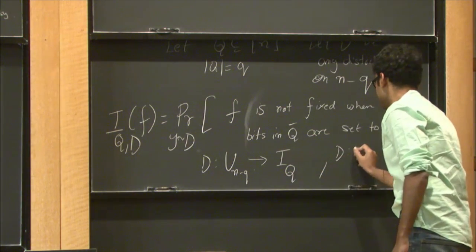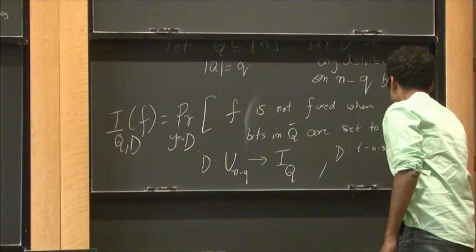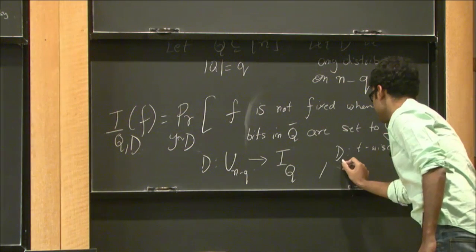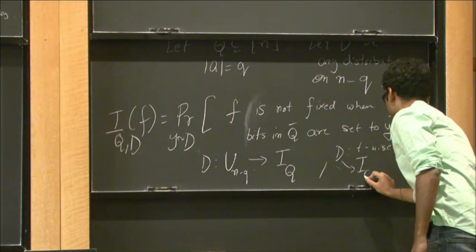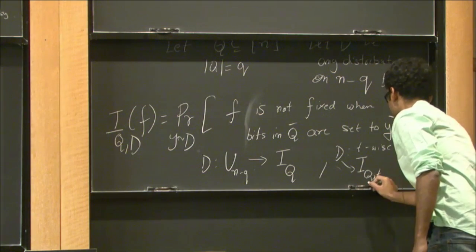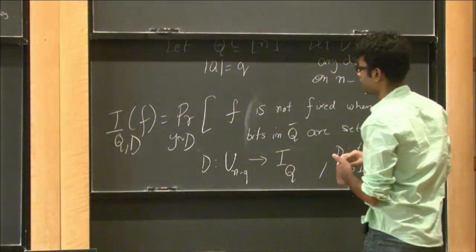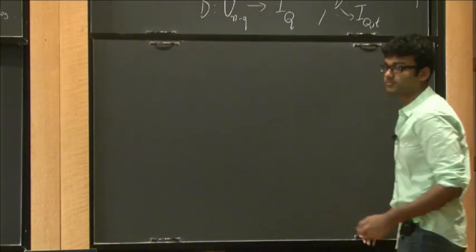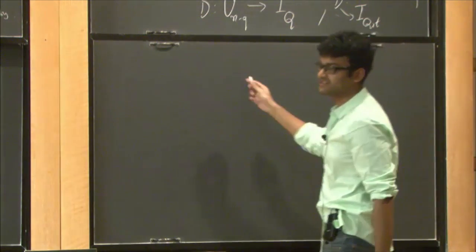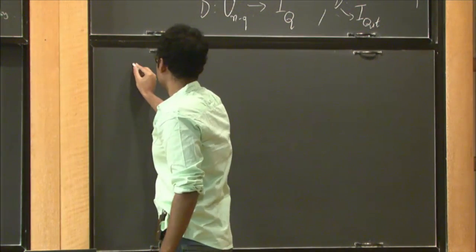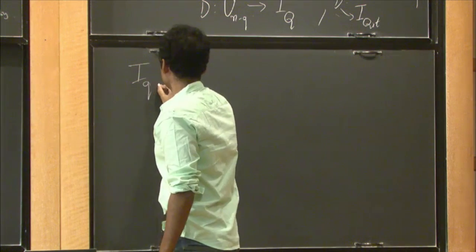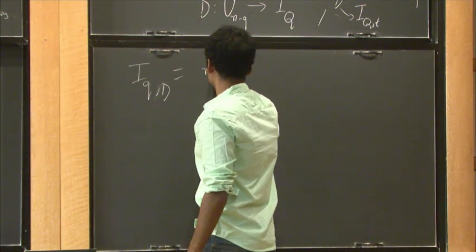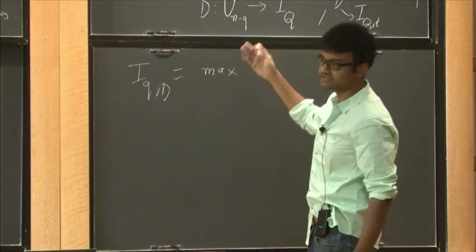And when D is t-wise independent, we'll call this quantity I_{Q,t}. And I_{q,D} is defined to be the maximum over all subsets of size q.